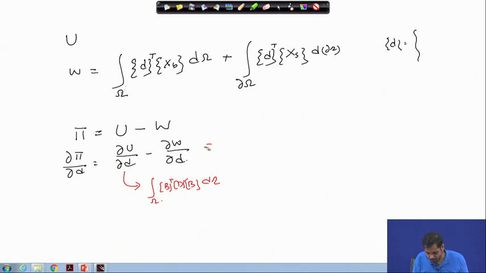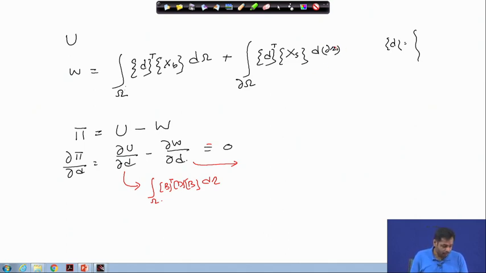So, for the minimum potential energy, this gives us the stiffness matrix, and this part will give us the load vector. Now this has two components.